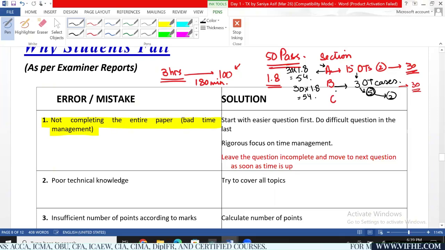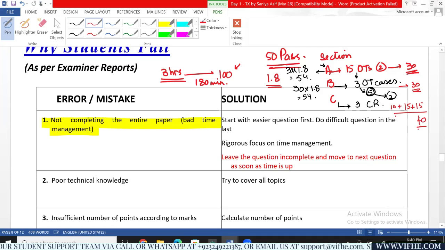And see, section C will carry 3 constructed response questions. The first question will be of 10 marks, while questions number 2 and 3 will carry 15 marks each. So altogether, this part will be 40 marks.